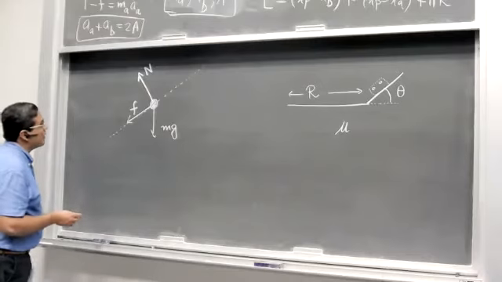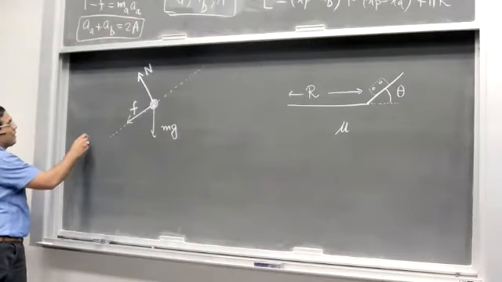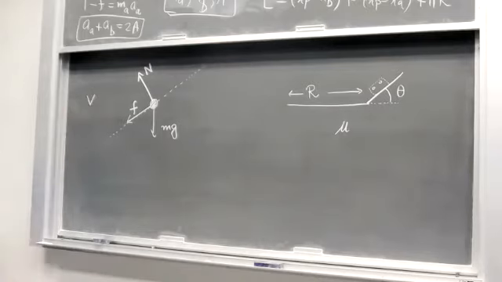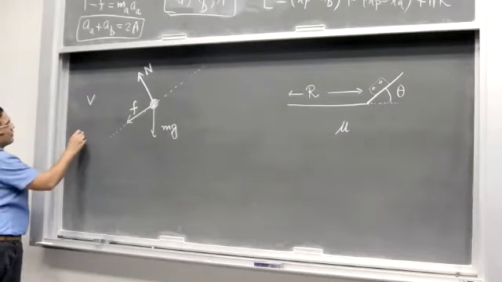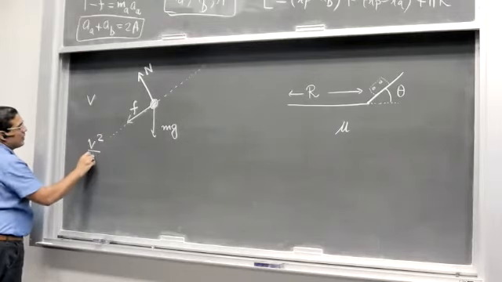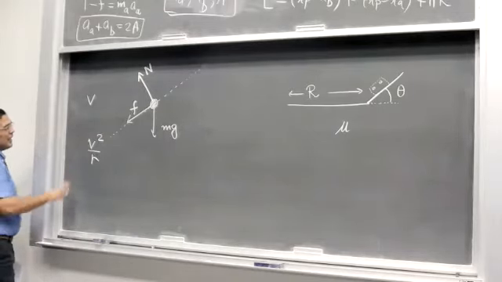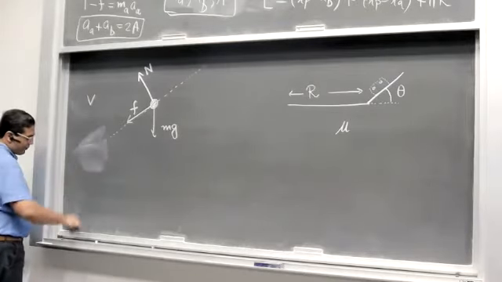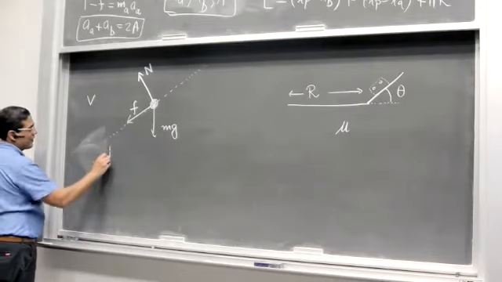But there is going to be another force. Let's say that the car enters the ramp with a speed v. There is going to be an acceleration v squared over r, and there is a force that is causing that acceleration.